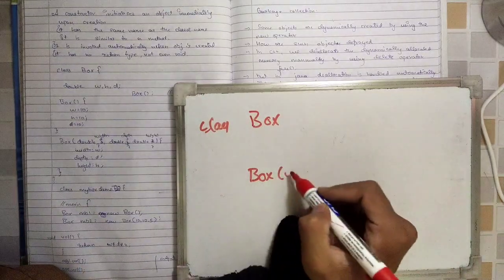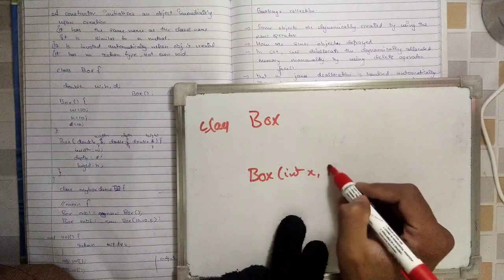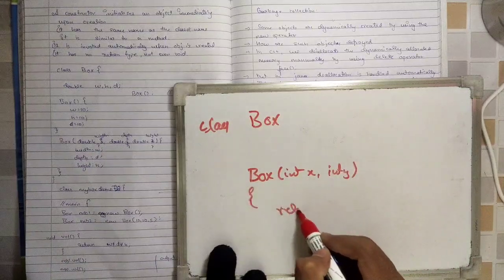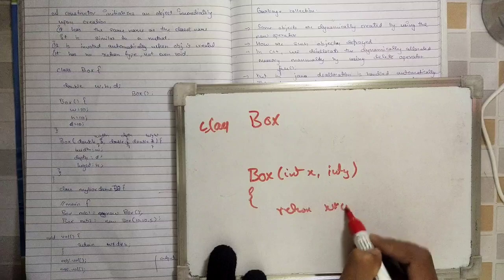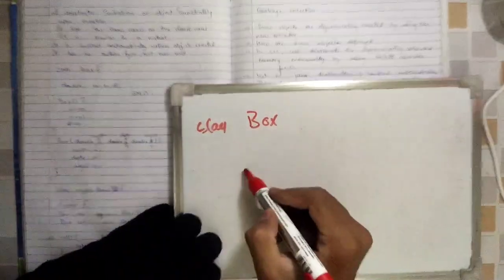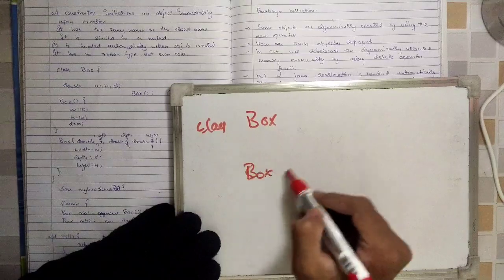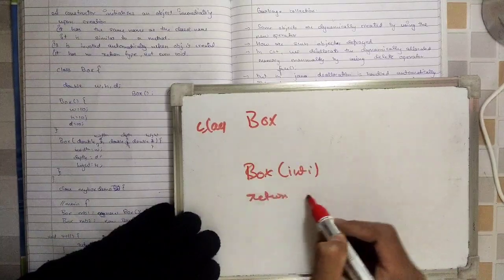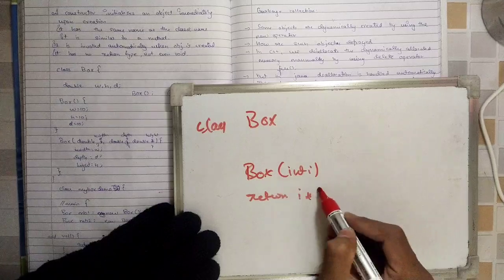Sometimes I can pass parameters into here, like int x, int y. Then here I can say return x star y, or something for multiplication of two numbers, or I can take square also. Suppose Box with int i, I will say return i star i.